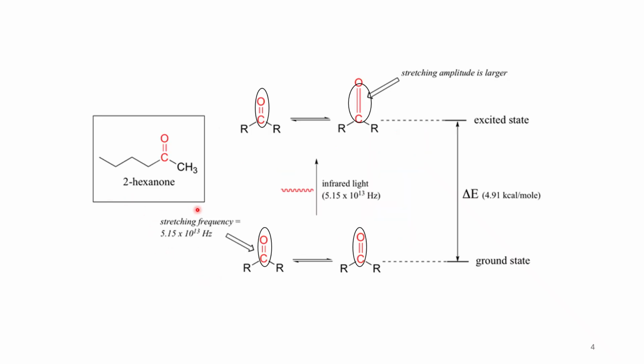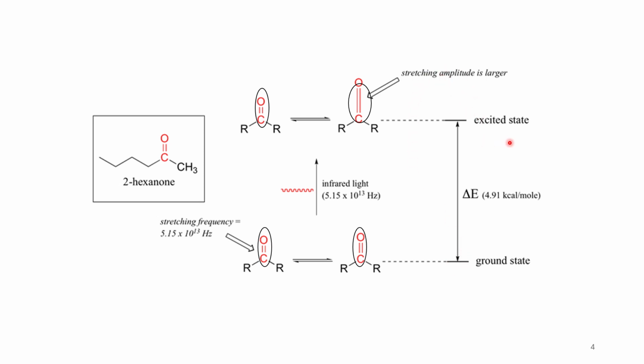For example, 2-hexanone. If we are focusing on the bond between the C and the O at ground state, the state where the molecule has the lowest energy, when radiation of the frequency stated here from the light source is shined towards the sample, this frequency will activate the molecule, particularly the CO bond here, and it will be raised to a higher energy level.